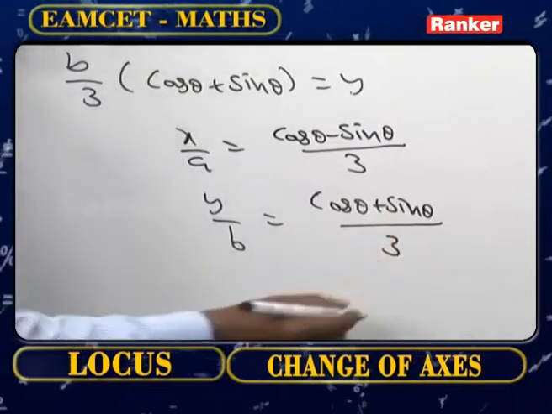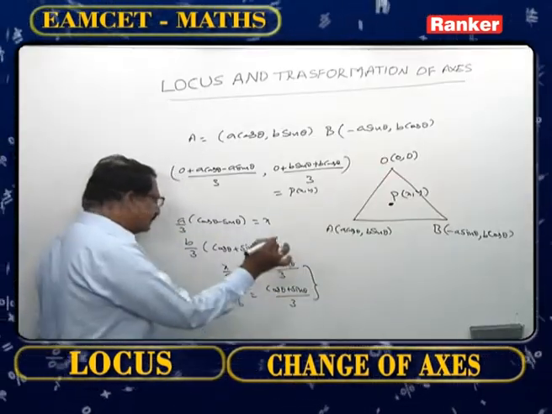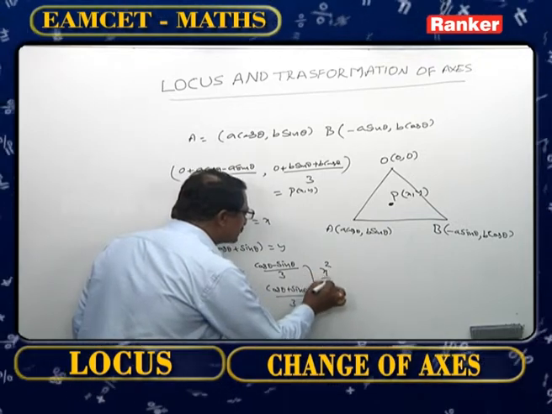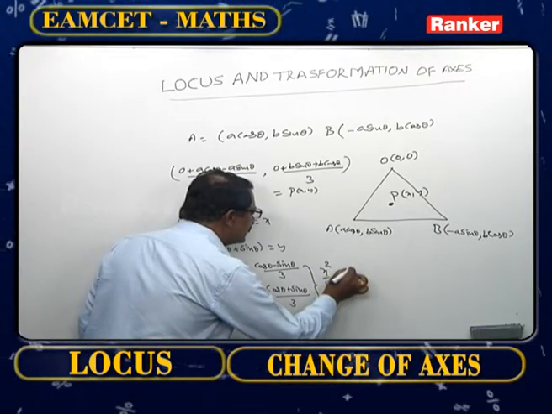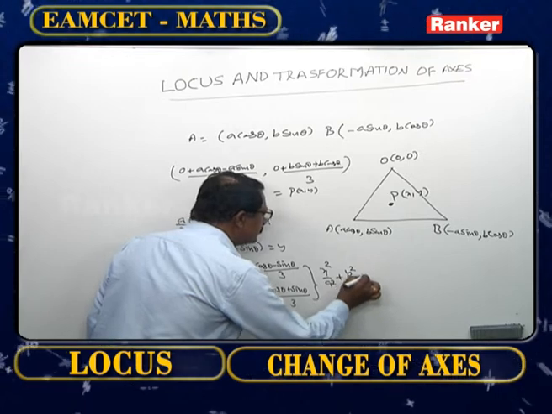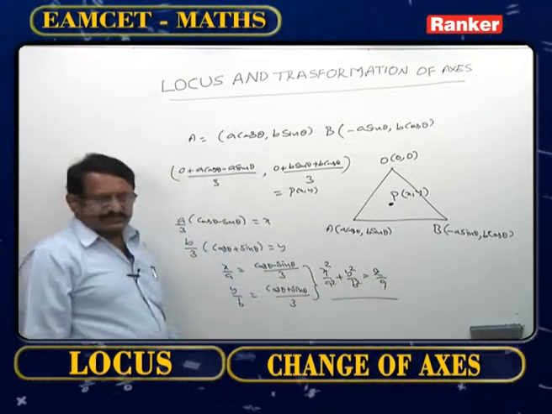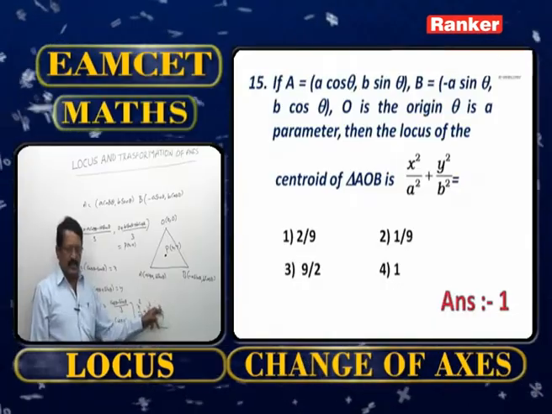Now, squaring and adding these two equations, we get x square by a square plus y square by b square equals 2 by 9.